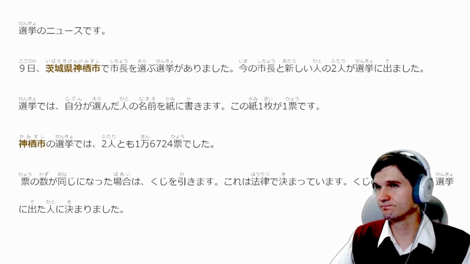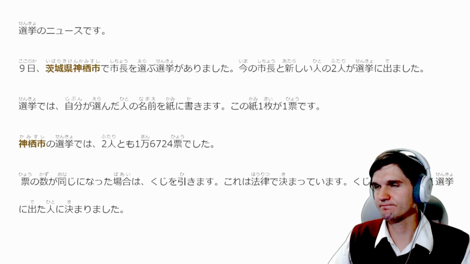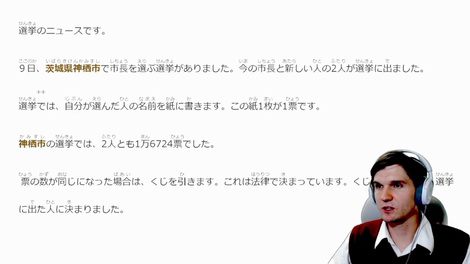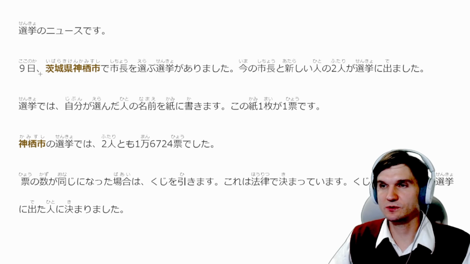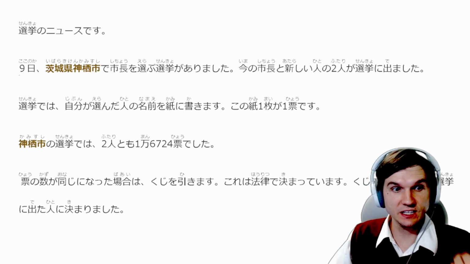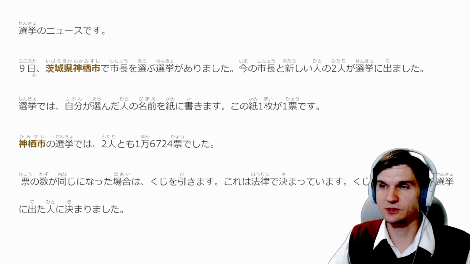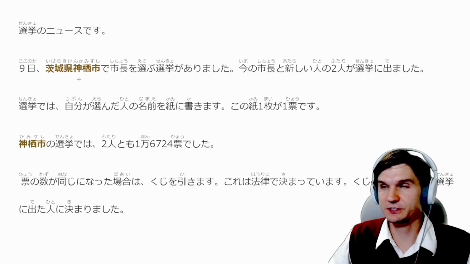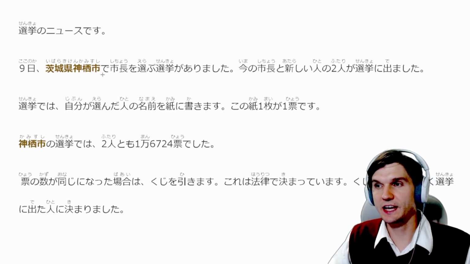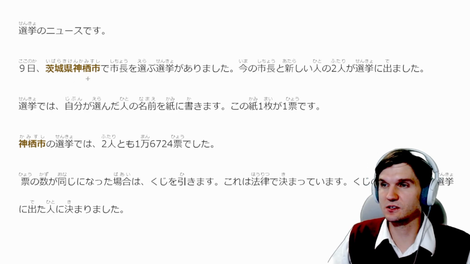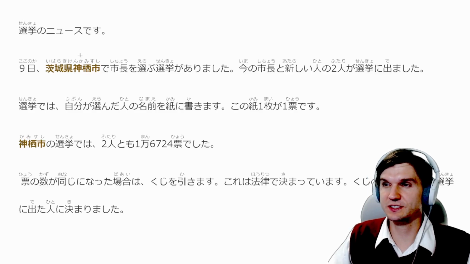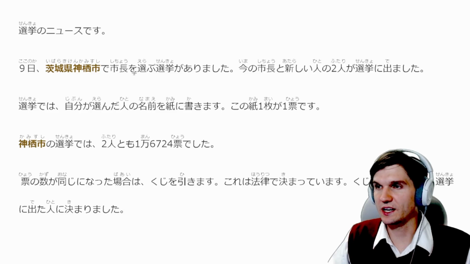昨日、茨城県神栖市で市長を選ぶ選挙がありました。 Okay, so we have 9日 or 昨日. She said 昨日. Here we have 9日. So on the 9th, or yesterday, 茨城県神栖市で. So 茨城県, Ibaraki Prefecture, 神栖市で, 市 is city. So Kamisu city, で, in Ibaraki Prefecture, Kamisu City. 市長を選ぶ選挙.